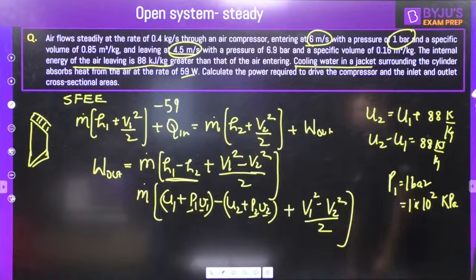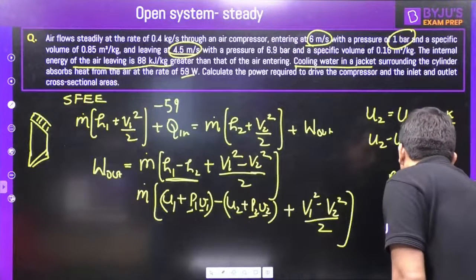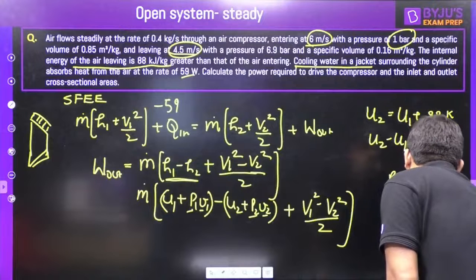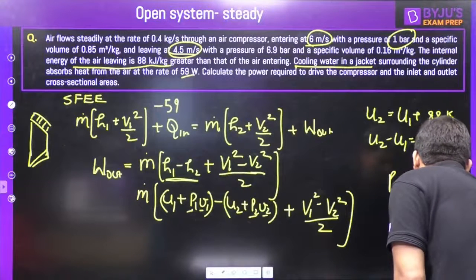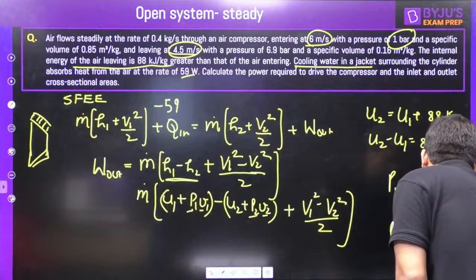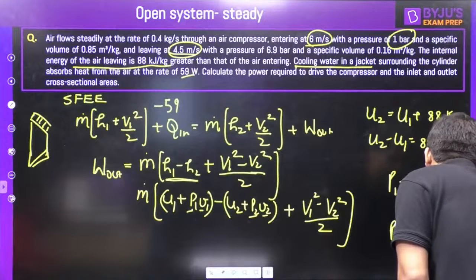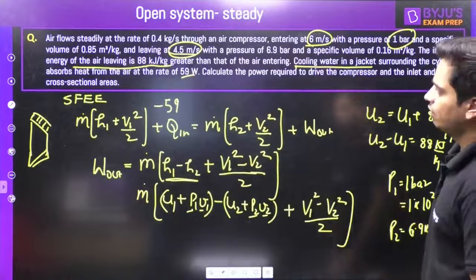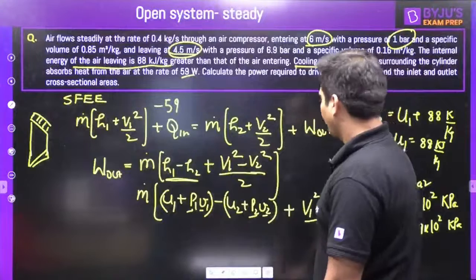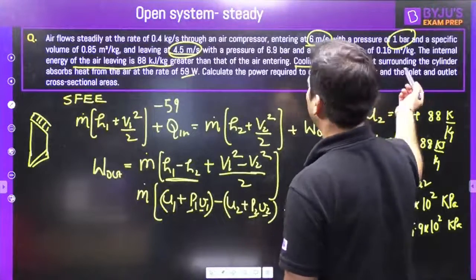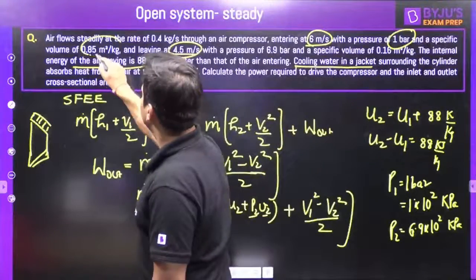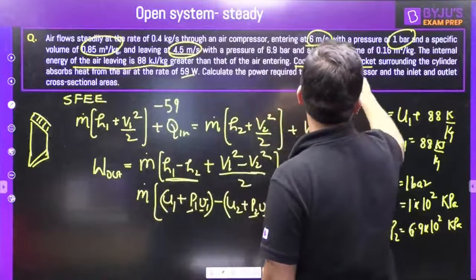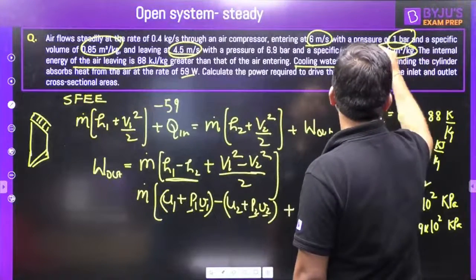P2 is 6.9 into 10 to the power 2 kilopascal. So everything, specific volume is also given. This is specific volume 1 and this is specific volume 2.